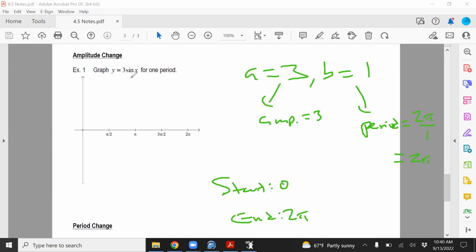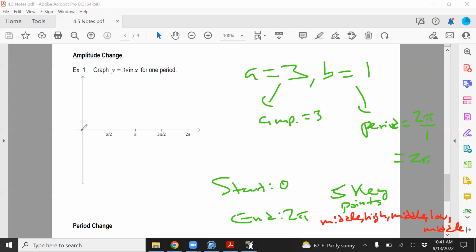And because it's sine, you want 5 key points. And the key points usually look like this. Middle, high, middle, low, middle.